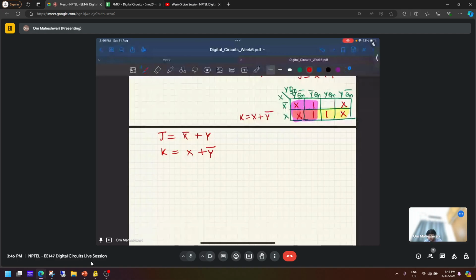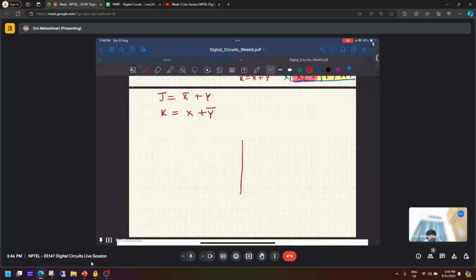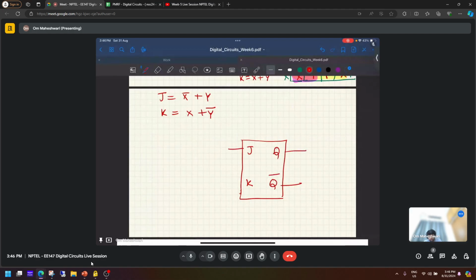So if we want to make the flip-flop, we have X and Y, OR gates here, X bar and Y, X and Y bar.